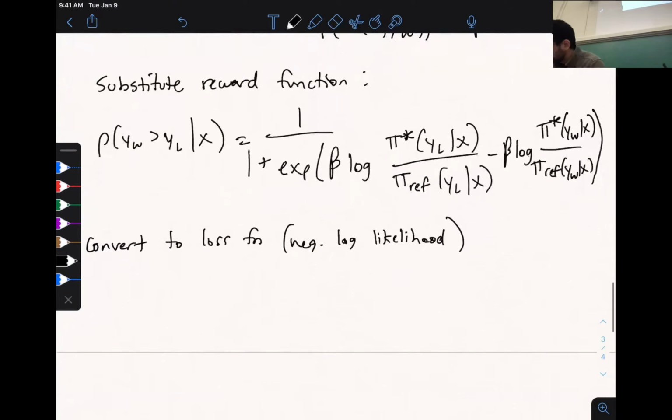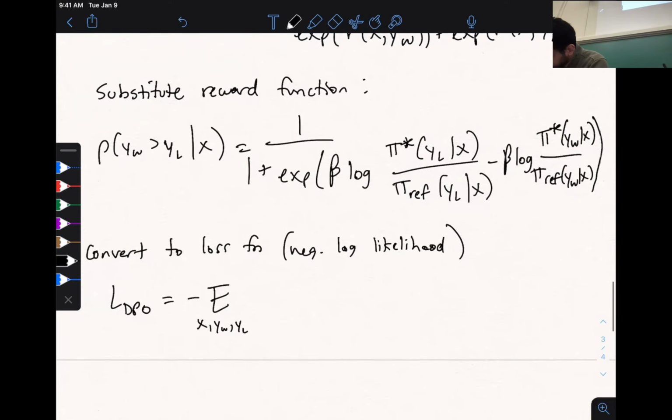And finally, we get the DPO loss, which is looking at all of the inputs, preferred outputs, and dispreferred outputs in our data set. That would be log sigmoid of theta log pi.